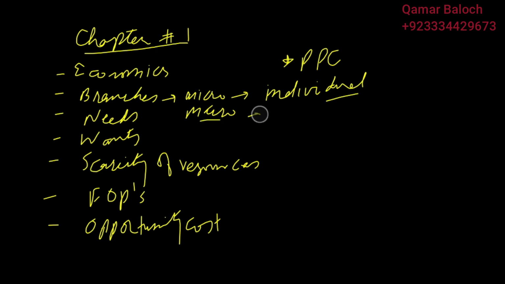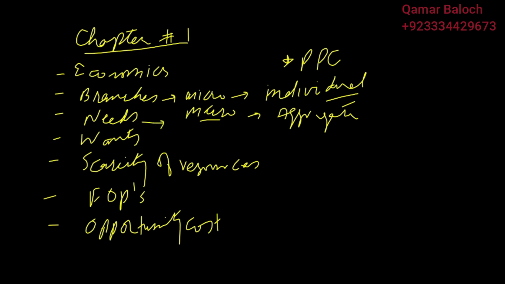These are the concepts which are discussed in microeconomics. Macroeconomics is the branch of economics which discusses the aggregates or issues of the overall economy. For example, economic growth, balance of payment, inflation, unemployment, employment, national income, standard of living, these kind of issues are discussed in macroeconomics. And then is needs.